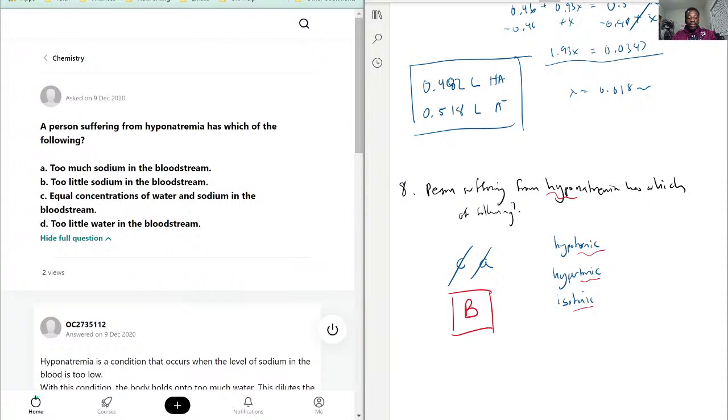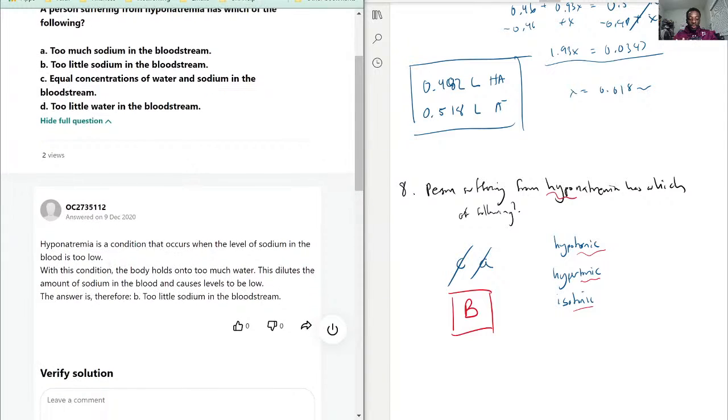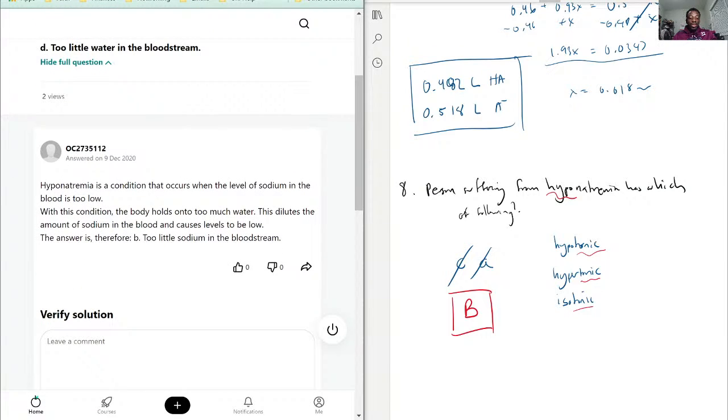And as you can see here, when they actually search it up and read it, it says hyponatremia is a condition that occurs when the level of sodium in the blood is too low. When that happens, the body's holding on to too much water, but we don't say that it's a condition set up by too much water.